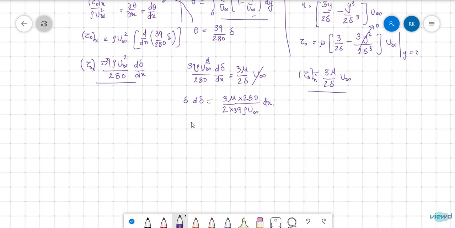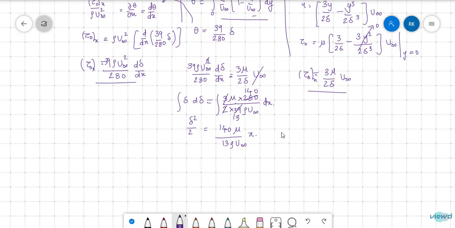Now doing integration, delta square by 2 is equal to 140 mu by 13 rho u infinity x, as these are all constants and the integral of dx is x.